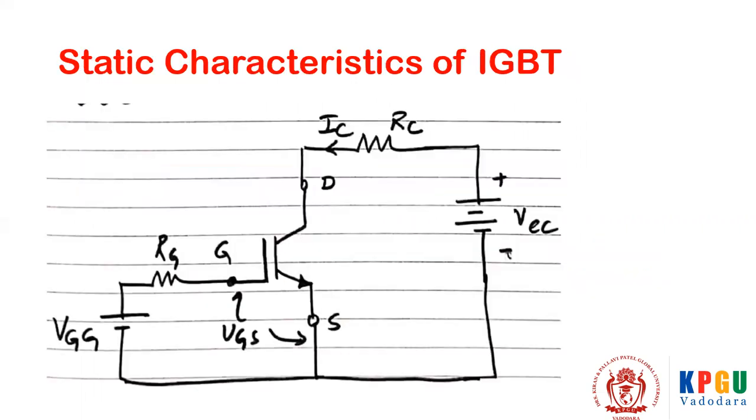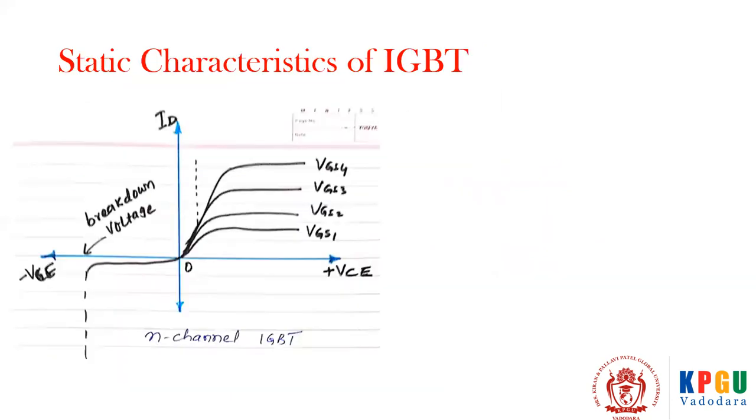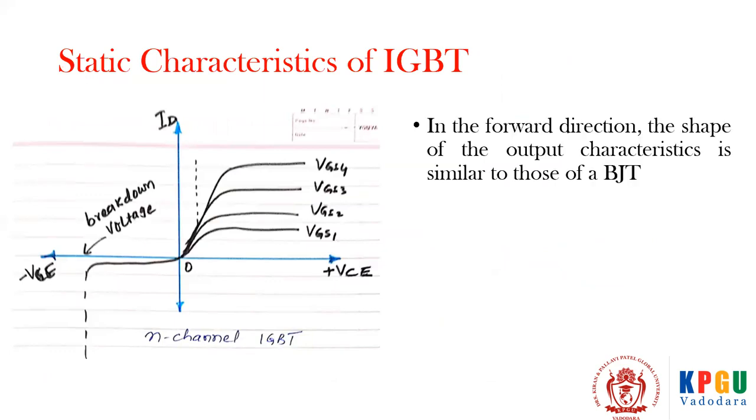Now, this is the circuit which is used when IGBT is used as a switch. A similar arrangement is there for the characteristics also. For different values of VGS, we would like to find out how much is the change in IC. So these are the characteristics: drain current or collector current versus VCE, or drain to source voltage. In the forward direction, the shape of the output characteristics is similar to those of BJT.